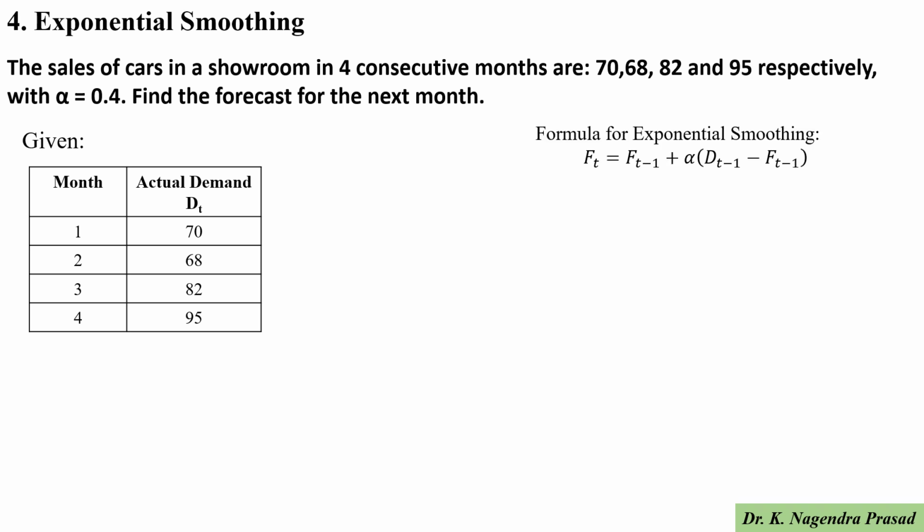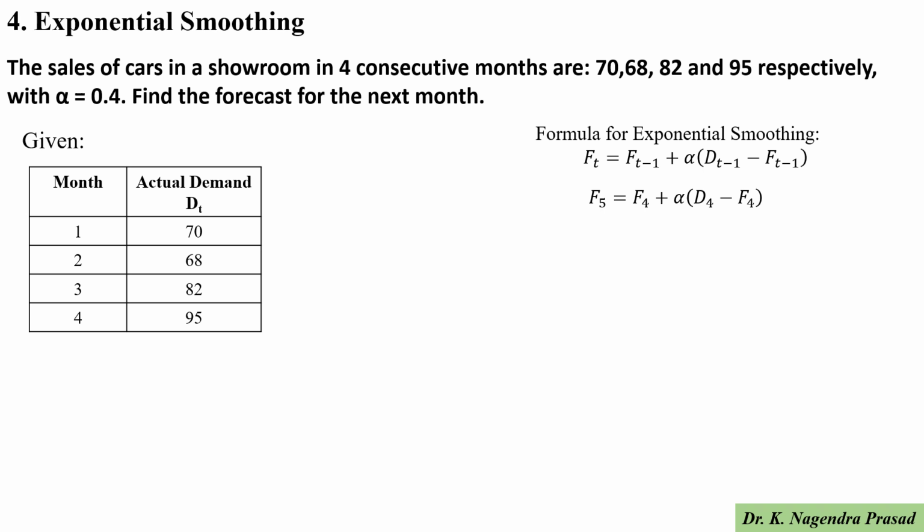So we know the formula is F_t equal to F_(t-1) plus alpha into (D_(t-1) minus F_(t-1)). Here the time period is the 5th month, so t is 5. Then F5 equal to F4 plus alpha into (D4 minus F4). Here we know the alpha value and the D4 value, but we don't know the F4 value.